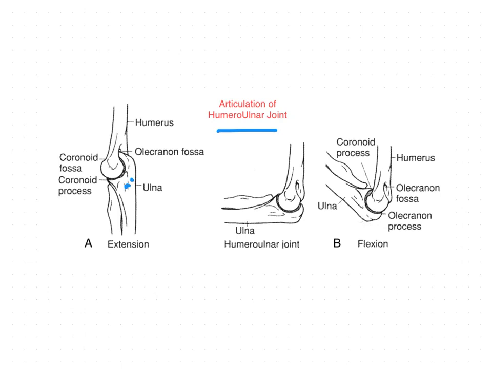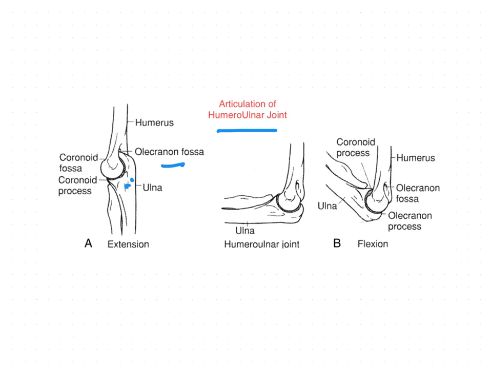So the articulation between the ulna and humerus at the humero-ulnar joint occurs primarily as sliding motion of the ulnar trochlear ridge. A ridge is present, and that will slide on the humeral trochlear groove, which enters in extension into the olecranon fossa.